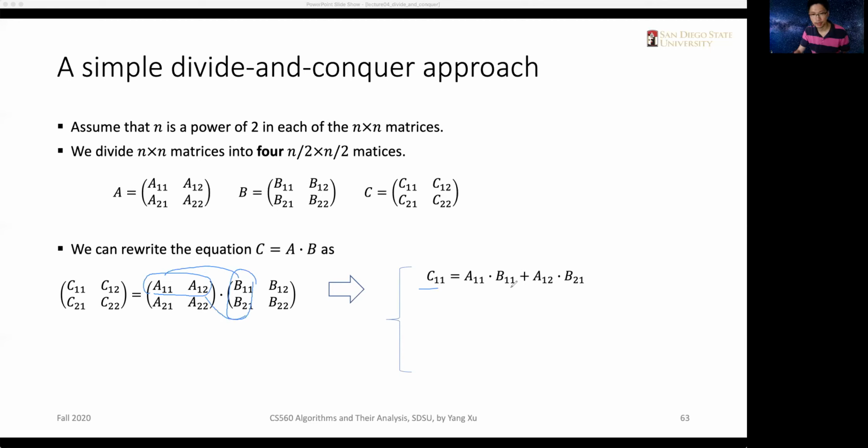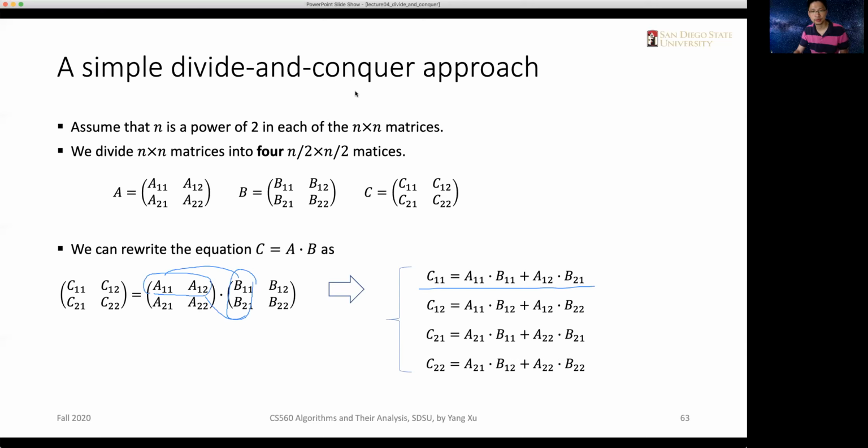So that's why we have C11 here. And for C12, C21 and C22, we have similar rules. We just take the corresponding row and multiply it with the corresponding column in B. That's how we get all the solutions to the sub-matrices.